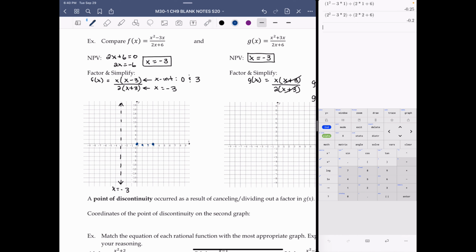Let's try when x equals negative 2. So bracket negative 2, close bracket, squared, minus 3 times negative 2, divided by 2 times negative 2 plus 6 gives us 5. So at x equals negative 2, y equals 5. And then let's try x equals 5.